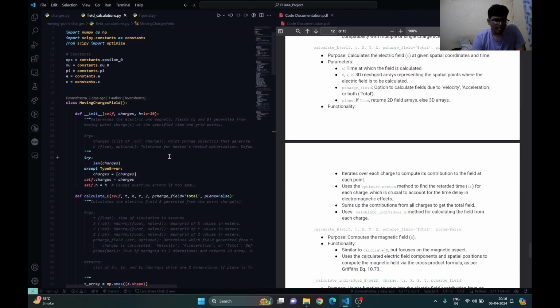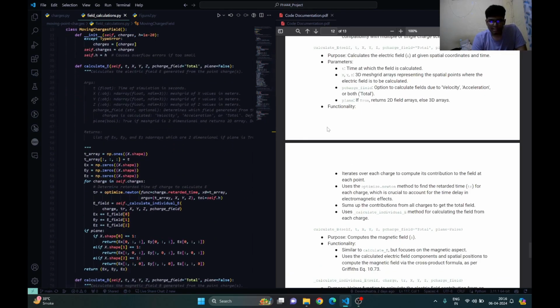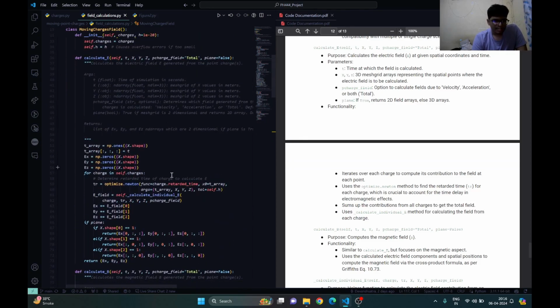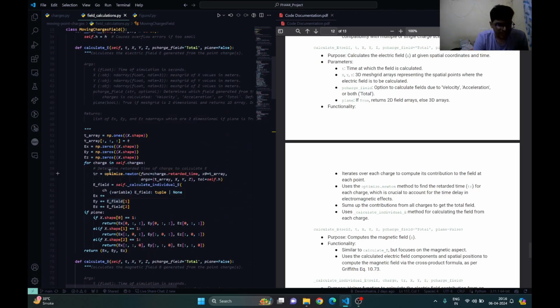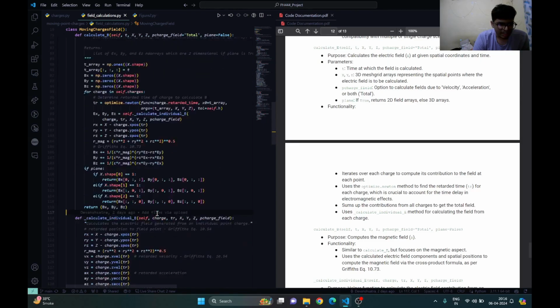After that, as mentioned, the calculate E field just uses the Newton-Raphson method and calculates the field using the self.calculate individually, which is the main calculation.